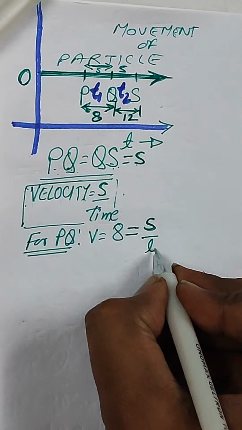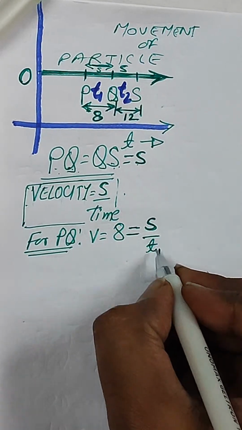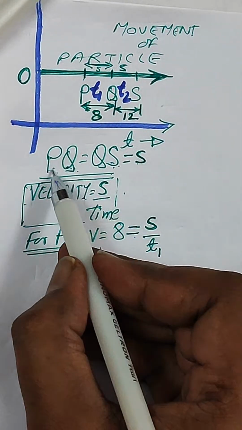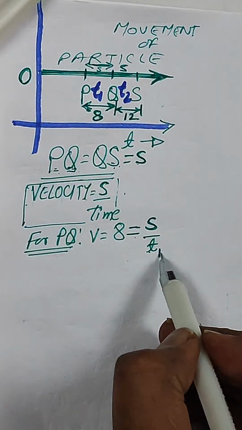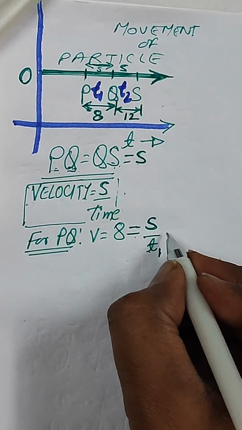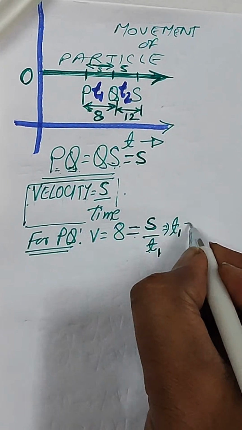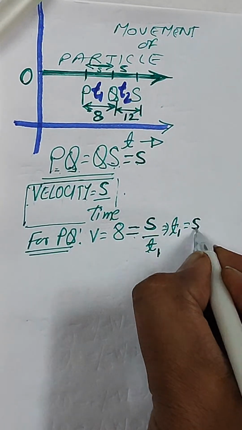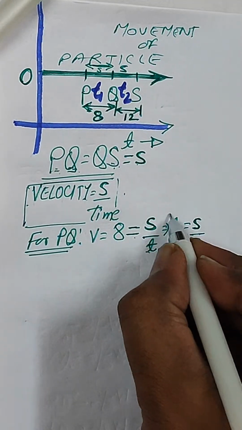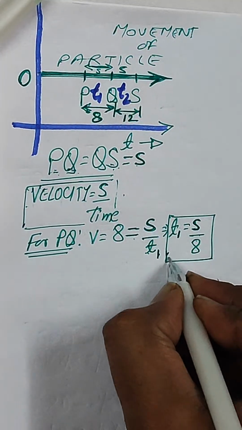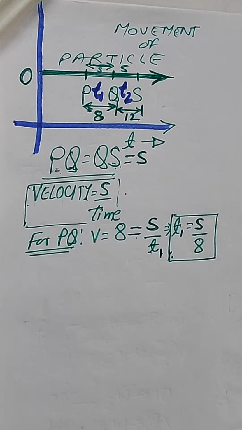So let's say the time for the distance PQ is t1. This will give you the value of t1 as S by 8.